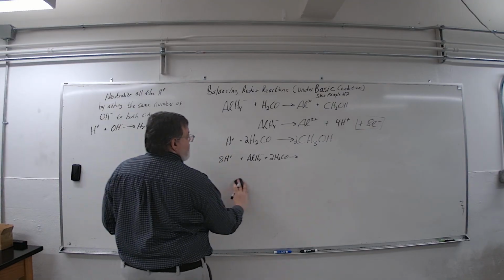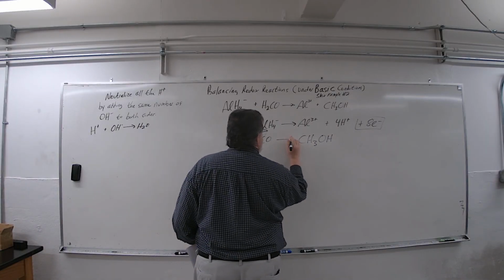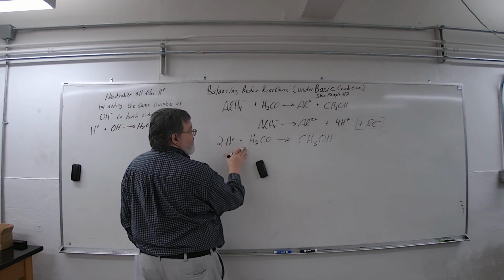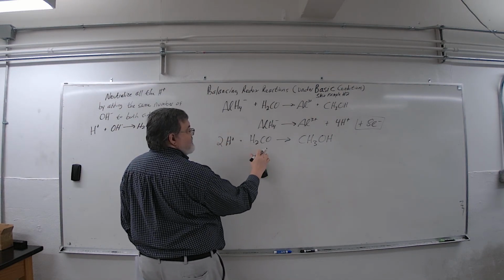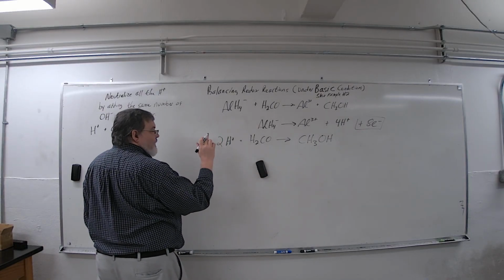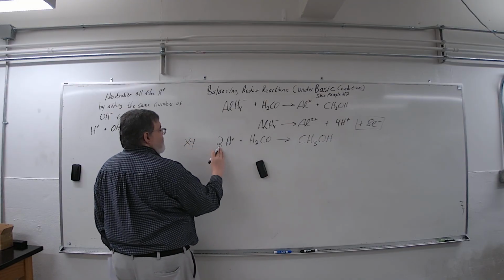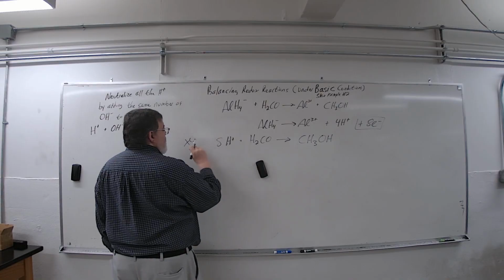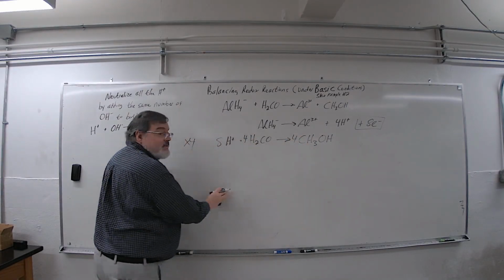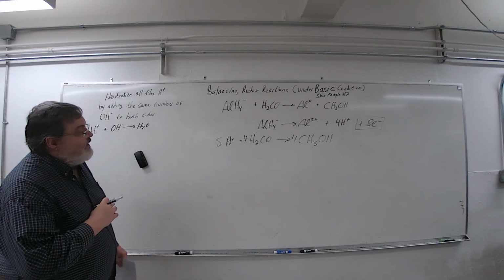That was 2. Give me four of those, oxygen, carbon's good. Okay. And then I wanted to multiply by 4. Put it on here. 2 times 4 is 8. 4 times 1 is 4. 4 times 1 is 4. There, is that correct? Yes.